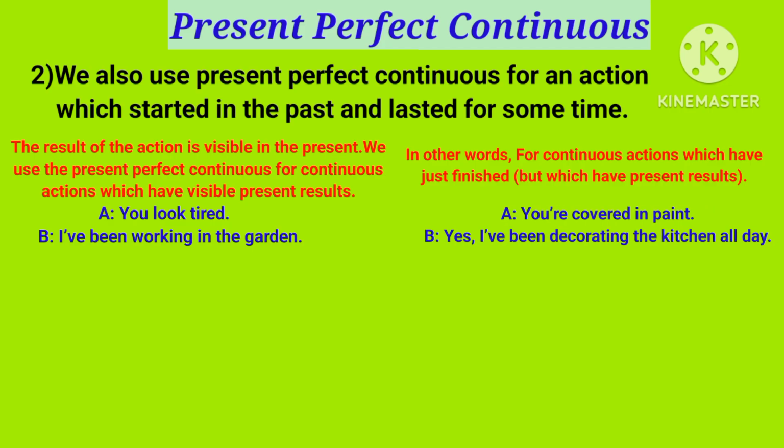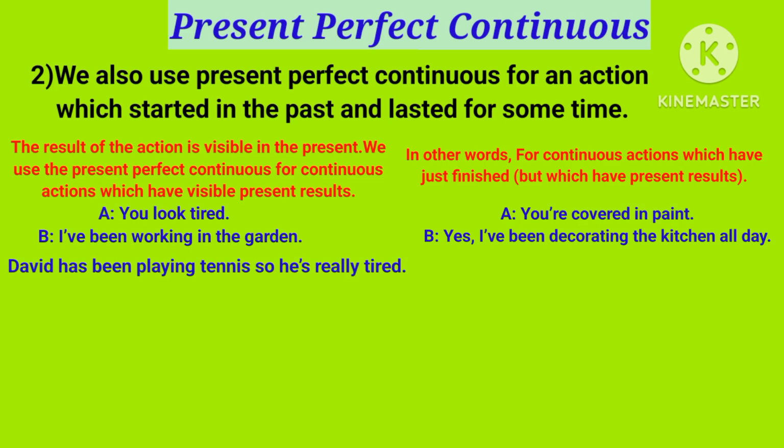The next example, A says, you are covered in paint. B says, yes, I've been decorating the kitchen all day. Action is decorating. Present result is paint on the body or the clothes of the person. And the visible evidence explains what happened.